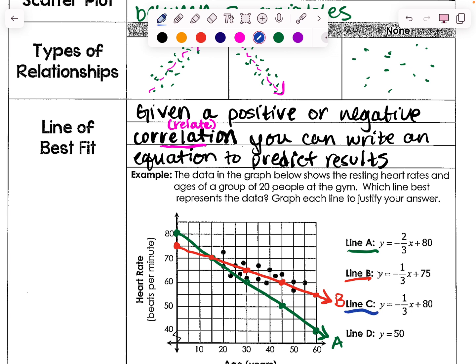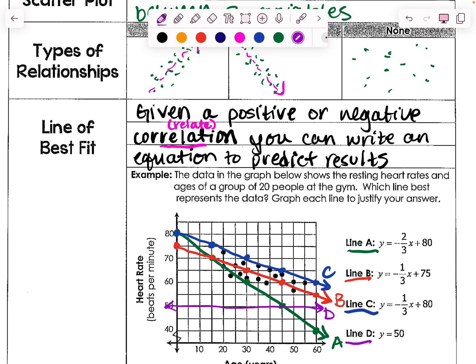Line C, we're going to go 80, down 1 over 3, down 1 over 3, 1 over 3. That's line C. And then line D is our easiest line because it's just going to be right here. Because it's y equals 50.